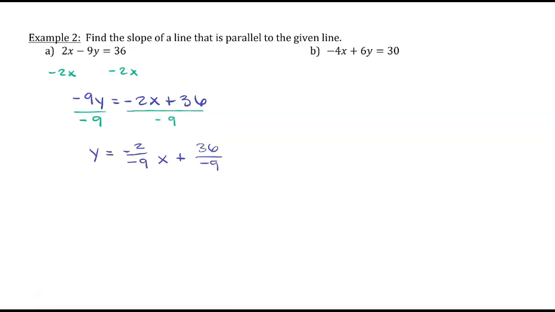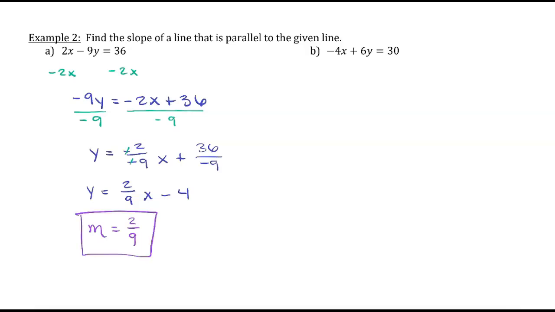Simplifying negative 2 over negative 9, we know that two negatives make a positive, so this is positive 2/9 x. 9 goes into 36 4 times, so positive 36 divided by negative 9 is negative 4. Now that our equation is in slope-intercept form, we can easily see that the slope is equal to 2 over 9. And any line that is parallel to this line must have the same slope.